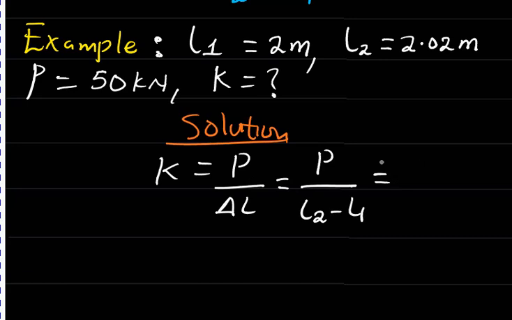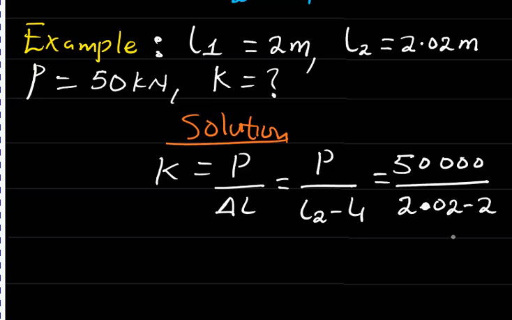So this is 50 kilonewton, which is 50,000 Newton, divided by 2.02 minus 2, which is 0.02.